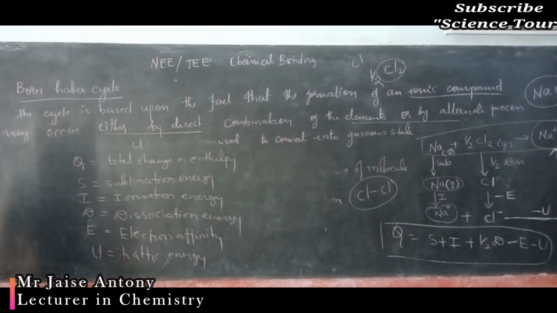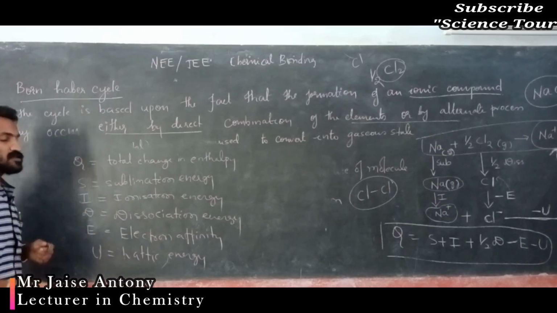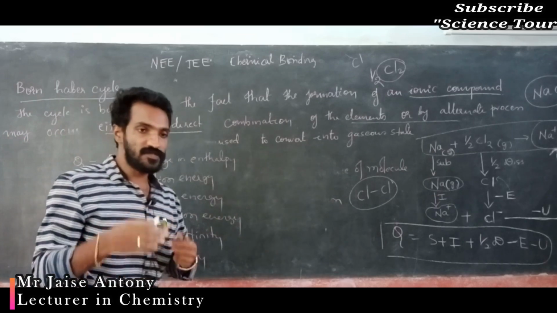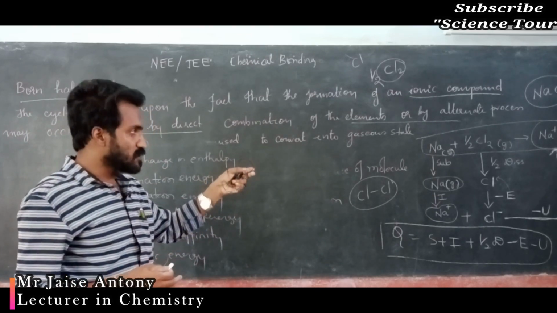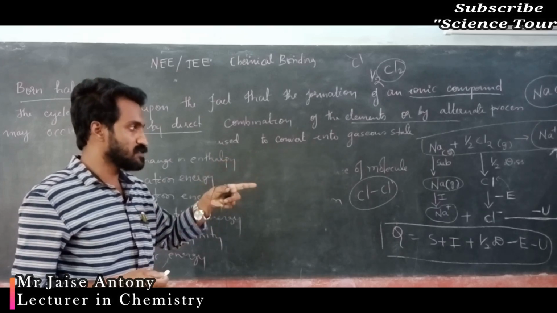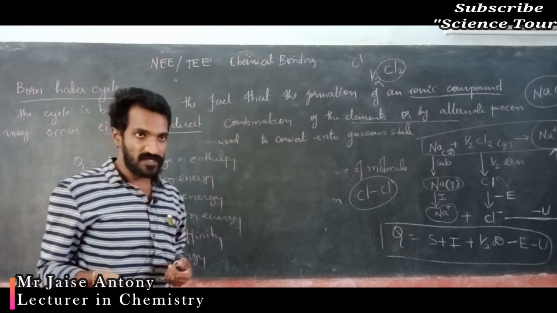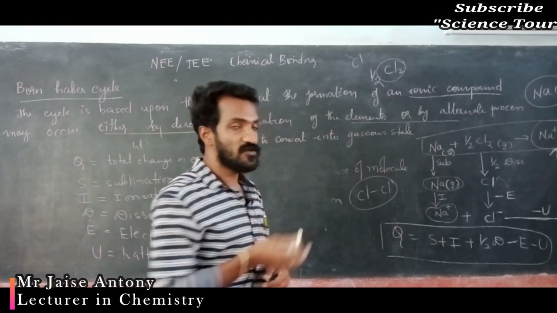So what is the Born-Haber cycle? You have to convert, first the sublimation process, solid to gas to ions. Many cycles of processes take place to get a sodium chloride crystal.